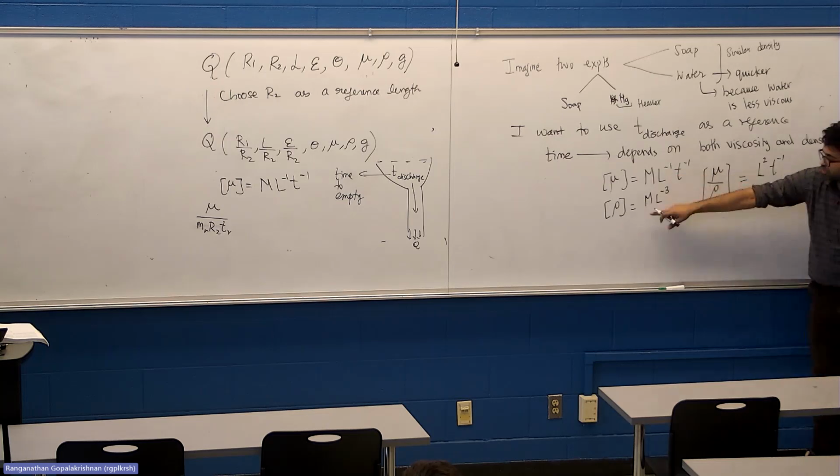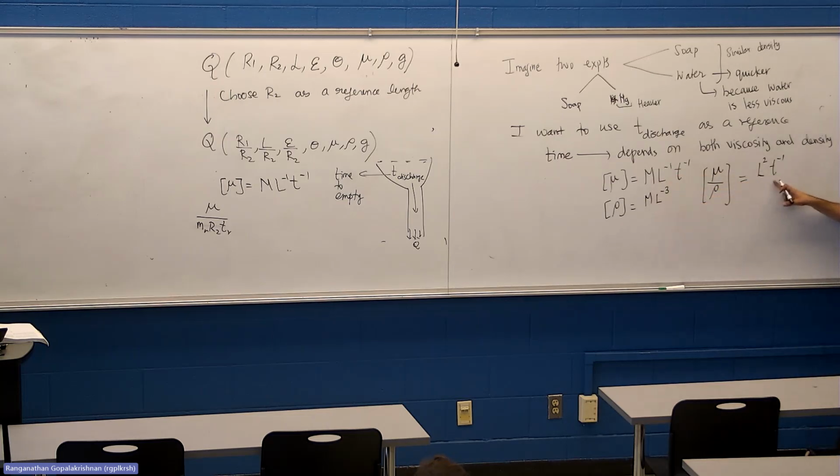If I take the ratio of these two, the mass will drop out, giving me length squared per time. With me? Okay. Most of what I say will make sense when I say it. You have to remember the threads so that you can still piece it together later. This one step will look like, of course that makes sense, but you have to remember the entire argument. So this is length squared over time.